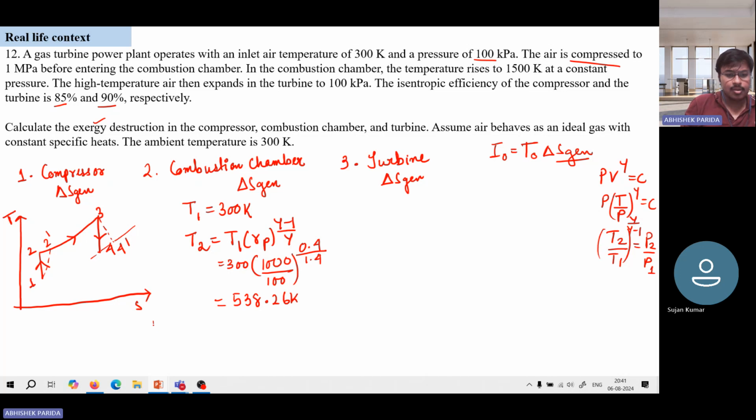Now the isentropic efficiency of the compressor is, first of all, it is reversible in pressure in power consuming devices. The reversible work is lesser. So W reversible by W useful. W reversible is Cp into T2 dash minus T1 by Cp into T2 minus T1.